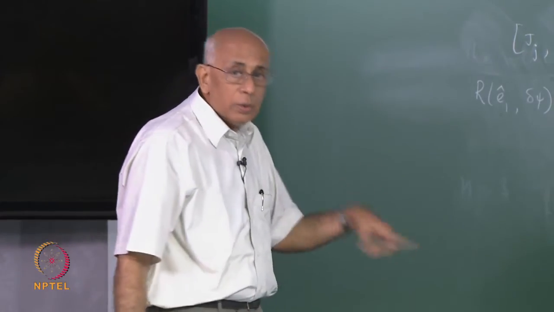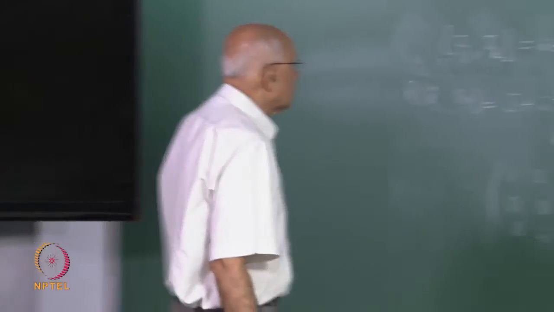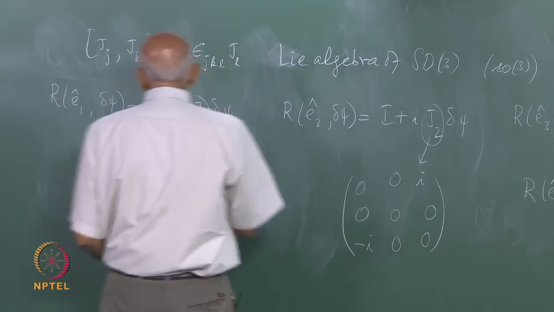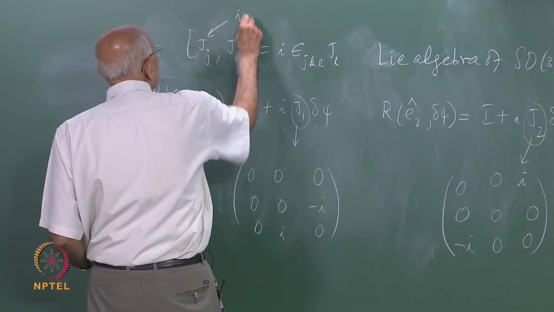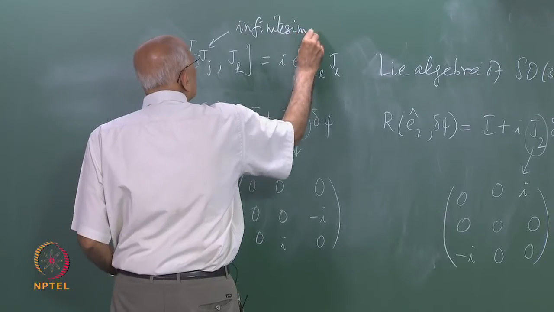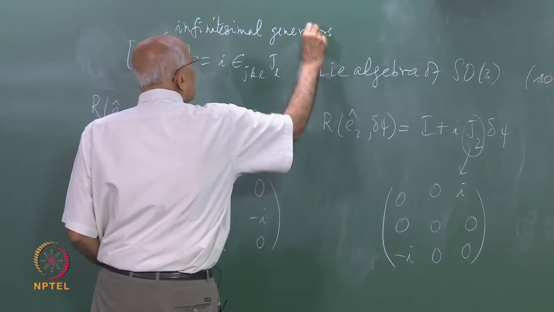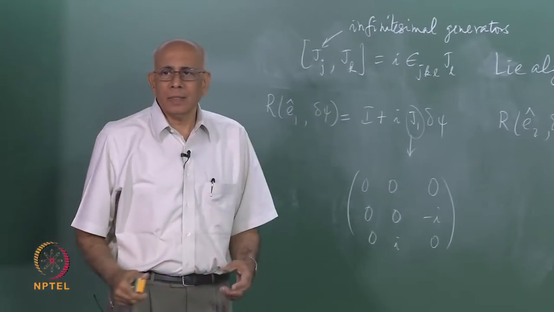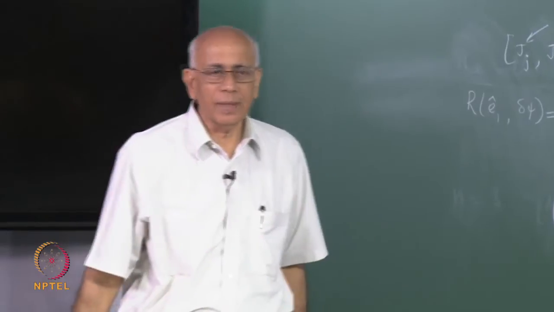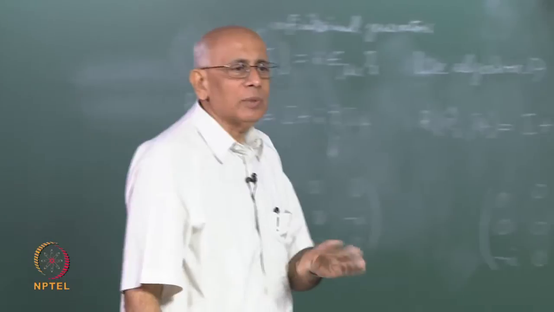We are talking about SO3 because we are talking about rotations formed from the identity continuously, and the generators of those rotations, so these guys are the infinitesimal generators. That's a bit of a misnomer. It's technically the generators of infinitesimal transformations. There's nothing infinitesimal about J1, J2, J3 themselves, but I just call them generators.